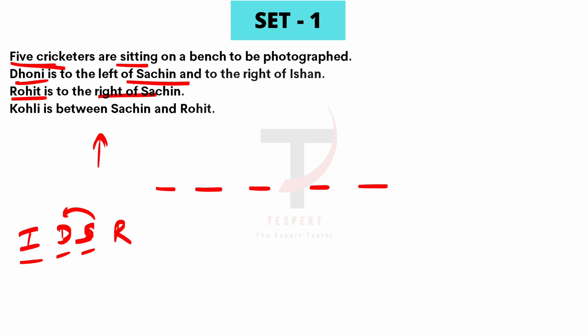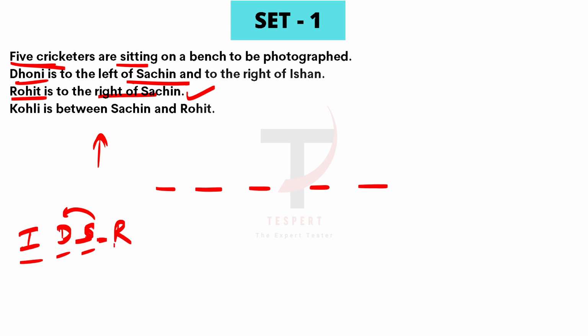Rohit is to the right of Sachin doesn't mean Rohit is to the immediate right of Sachin. If Sachin is here, Rohit must be to the right of Sachin as per statement number 2, but Rohit may not be immediate right of Sachin. There can be one more person between Sachin and Rohit.